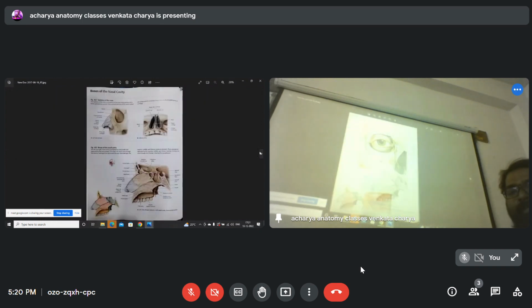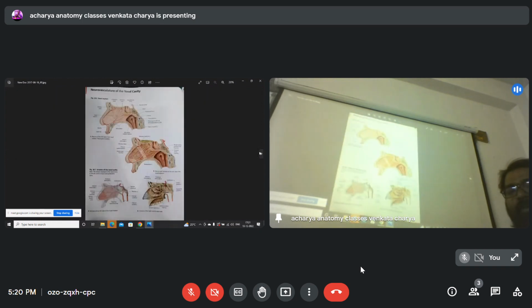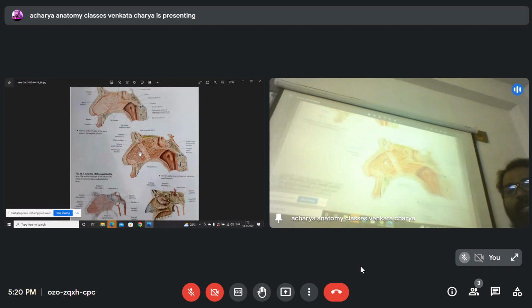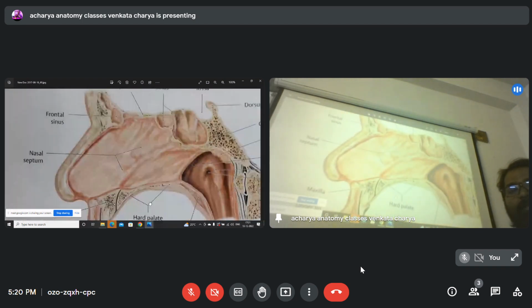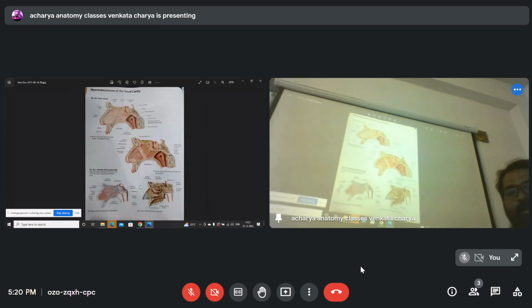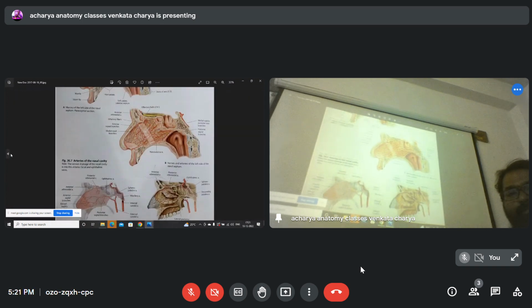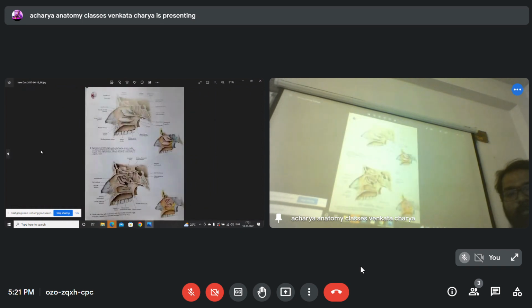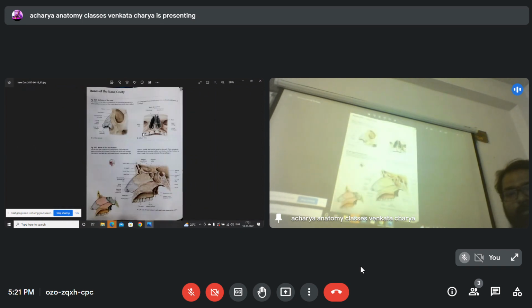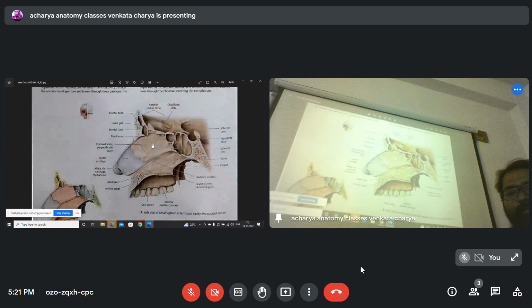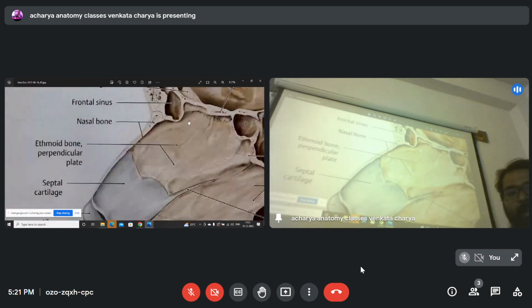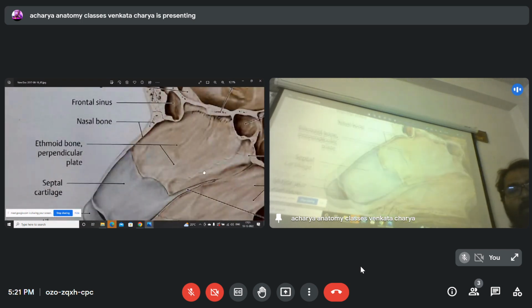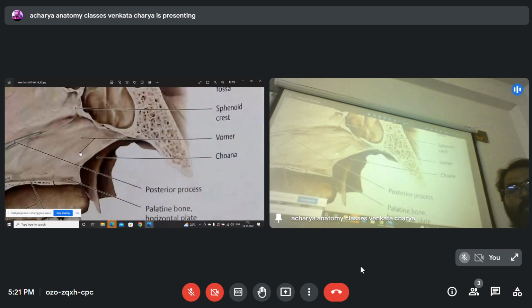Perpendicular plate of ethmoid and vomer bone. See here, this one is the perpendicular plate of ethmoid, and this one is the vomer bone.